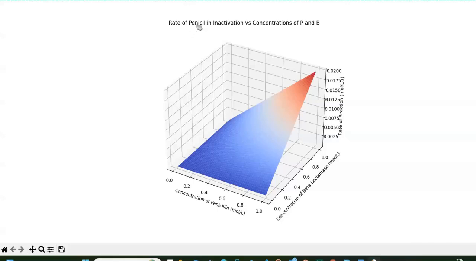Because this penicillin is going to be hydrolyzed, and the compound that is going to be formed is inactive penicillin, which does not react with any bacteria in the body, because penicillin is an antibiotic.